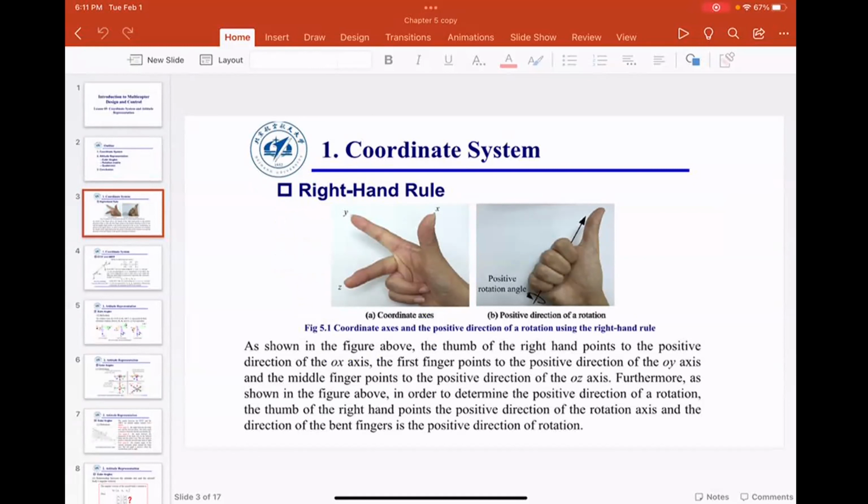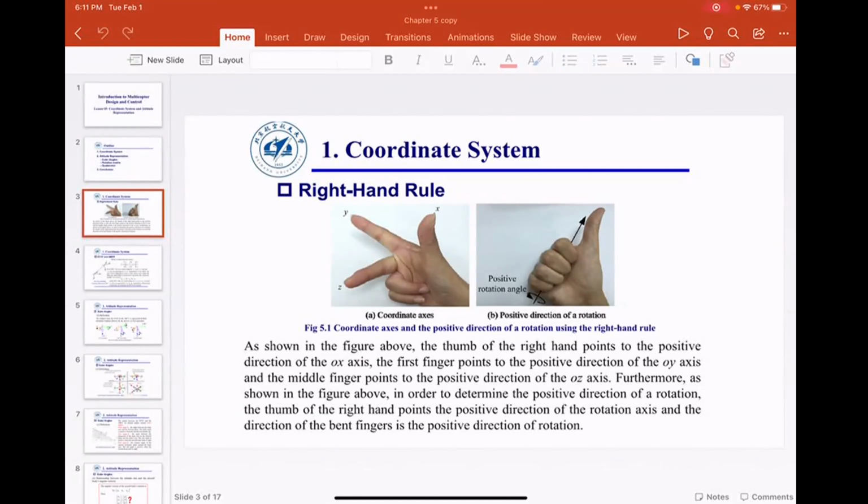North is going to be X, east is going to be Y, and down is going to be Z. Once again, I know we discussed the same thing in Robotics 1, but please understand, this is the right hand, this is X, this is Y, this is Z. Now we are going to use north, east, down: north is X, this is Y, and this is Z.